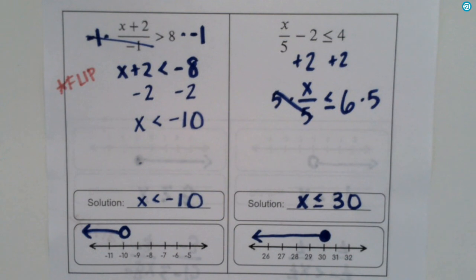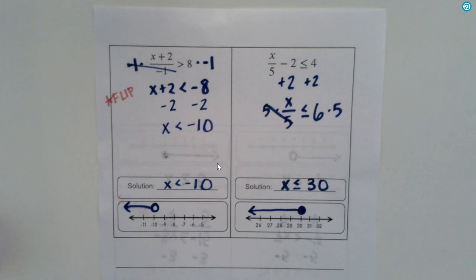Okay. Any questions right now? Okay. So we are going to glue these things in now. Since we've got 2 things, you can just glue them on the left and right side.